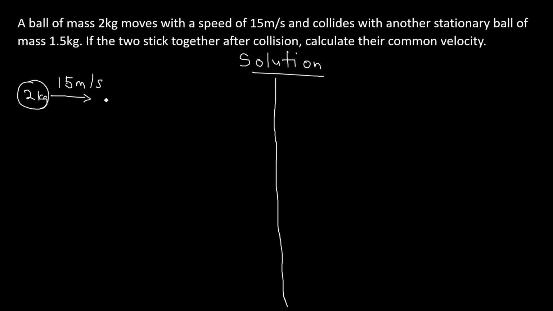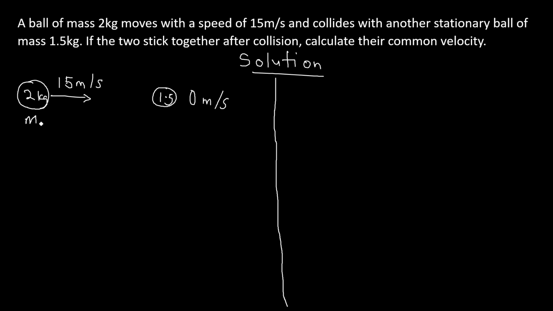So this moving object of mass 2 kilograms collides with another object which is only 1.5 kilograms. But this particular one is stationary. That means the velocity is 0 meters per second.